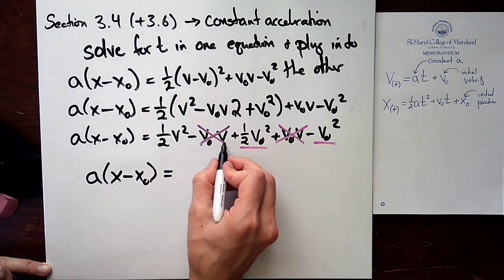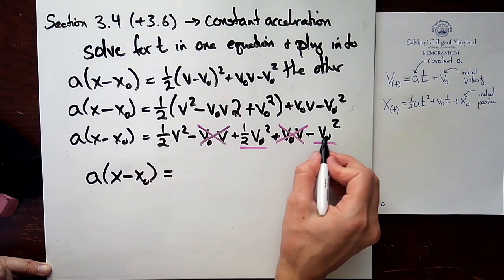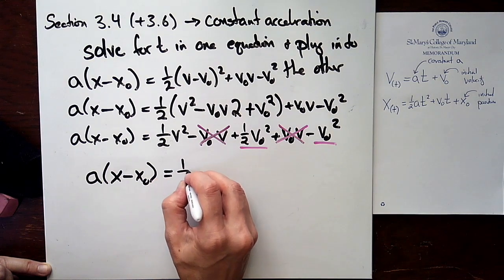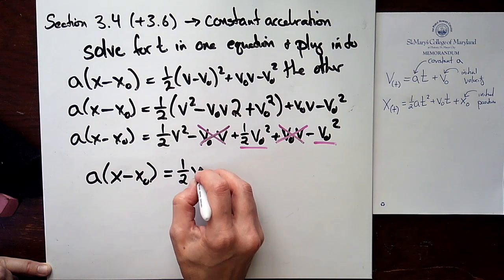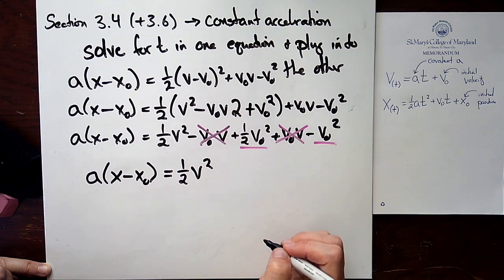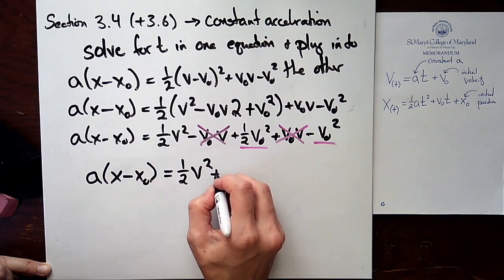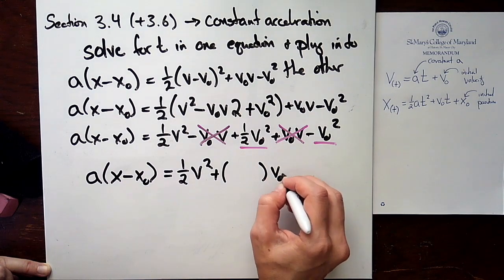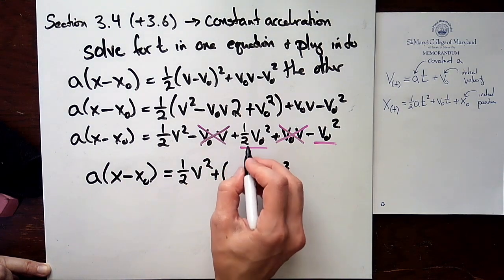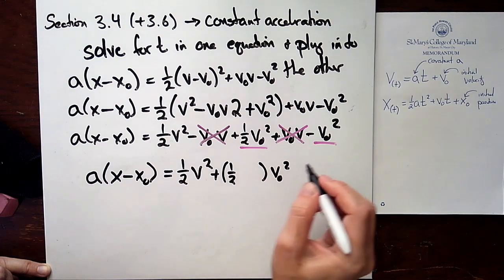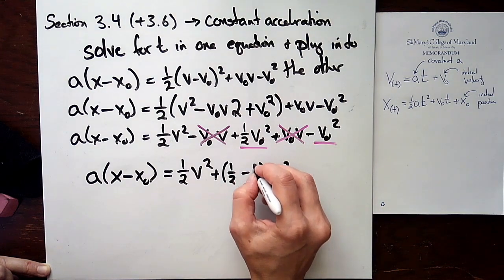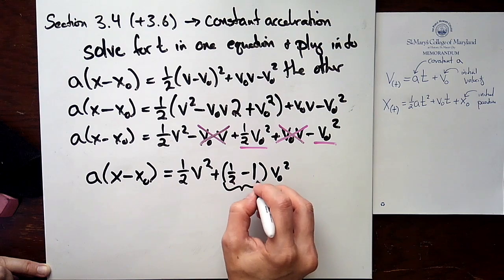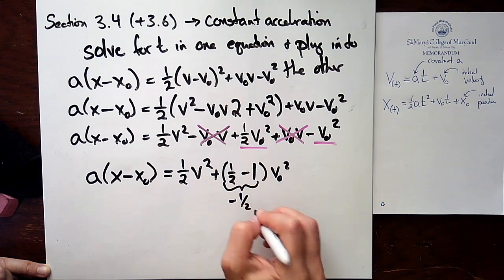All right, this is the only remaining term that has v in it, so we'll just write that. 1/2 v squared, and then let's write all of the coefficients of v naught squared. We've got a 1/2, and then we have minus 1. So together, those are going to be negative 1/2.